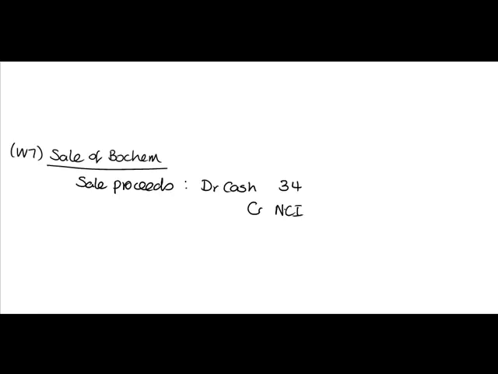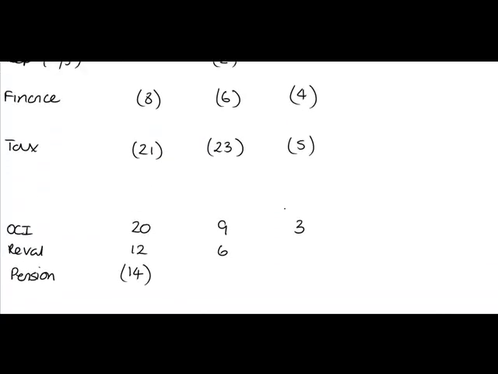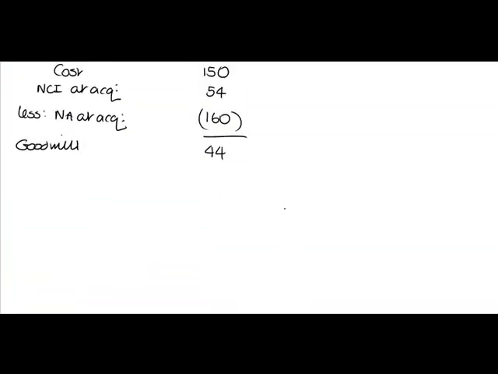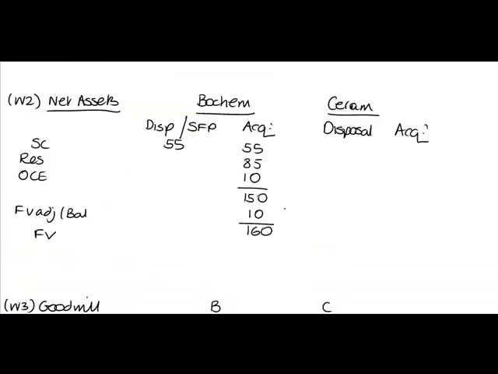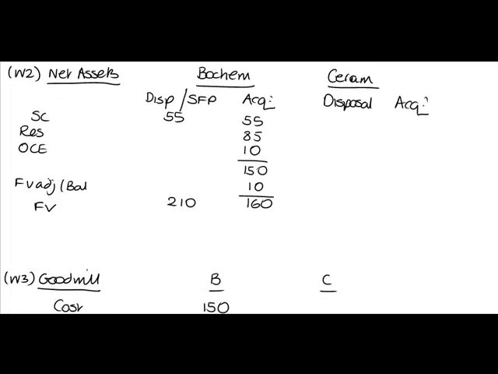And it says the carrying value of the NCI was 210 million before any adjustments on consolidation. So I'm going to go up to my net assets working. And the fair value of the net assets was 210 before any adjustments on consolidation.